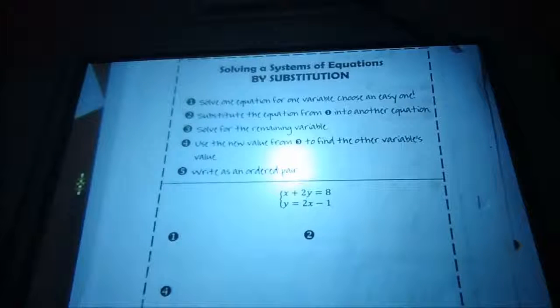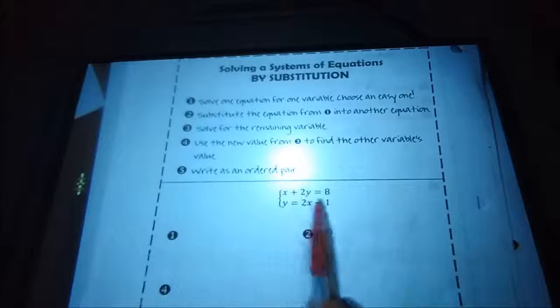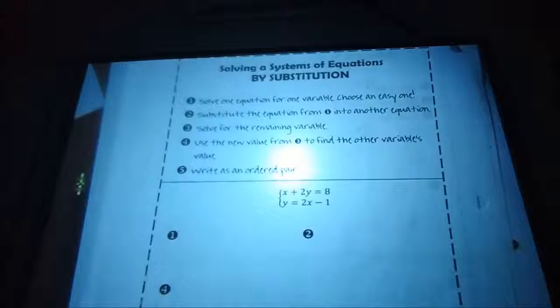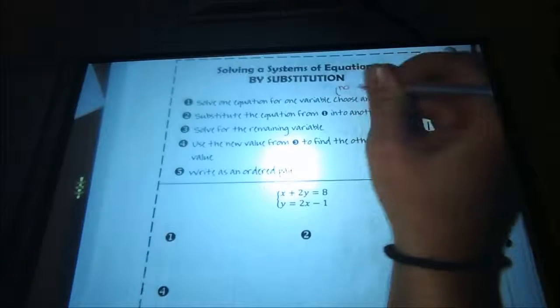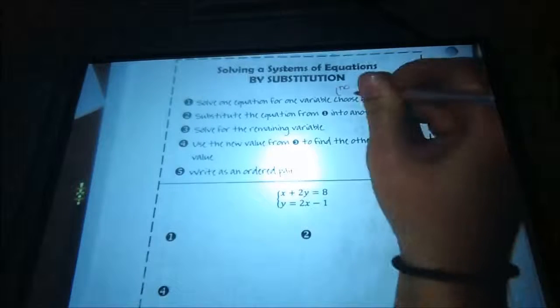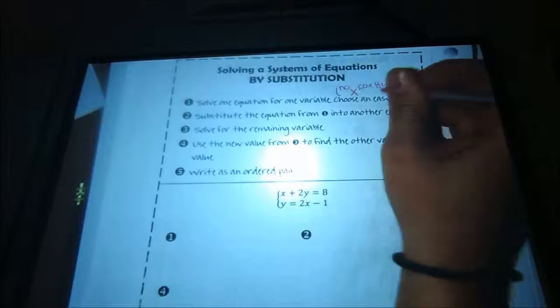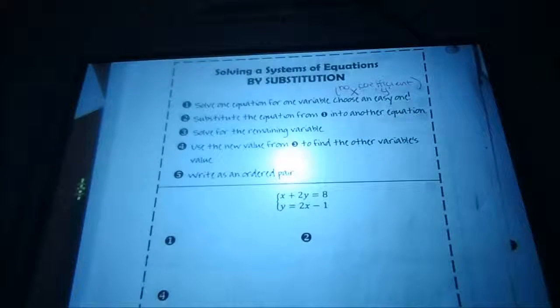So it wouldn't make sense for me to solve for y on this first equation because there's a coefficient there. It would cause me to end up with a fraction, things like that. So you would want to choose a variable with no coefficient, meaning it's just x or just y, nothing in front of it, if it's not already solved for one of your variables.